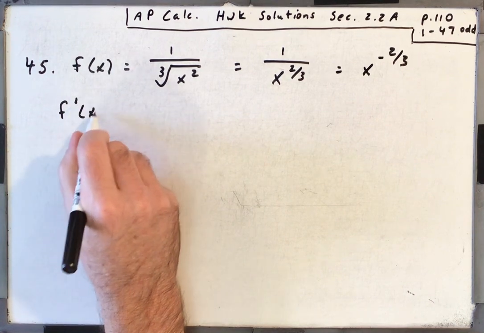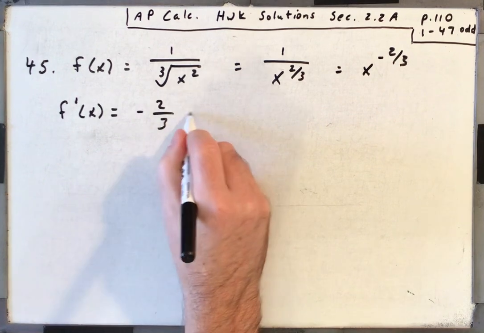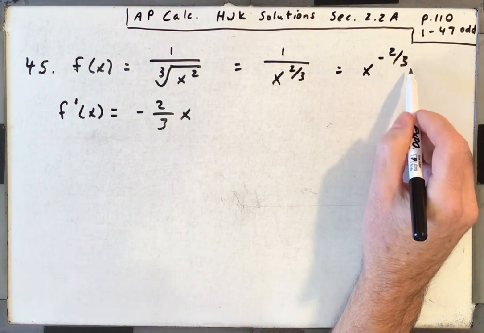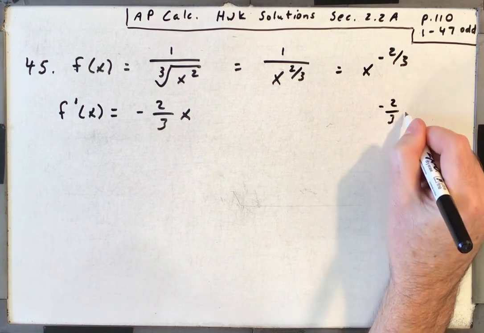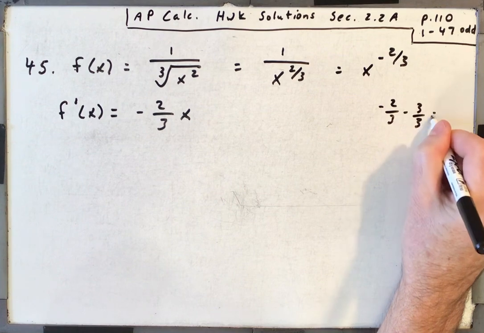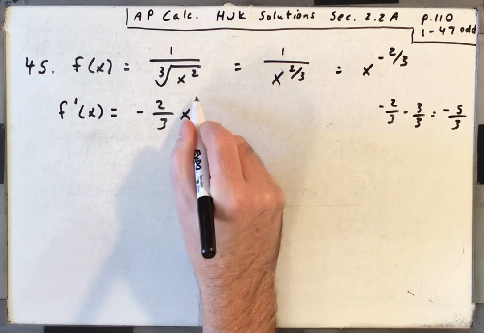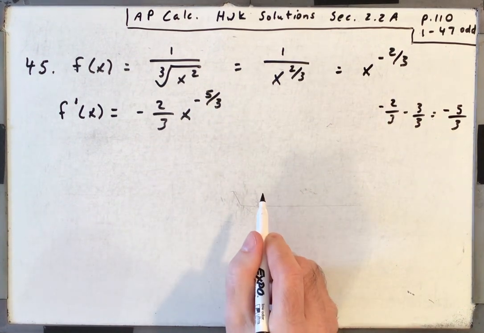So f prime of x is going to be negative 2/3 x. Now what's negative 2/3 minus 1? Negative 2/3 minus 3/3. That's negative 5/3, right? So x to the negative 5/3.